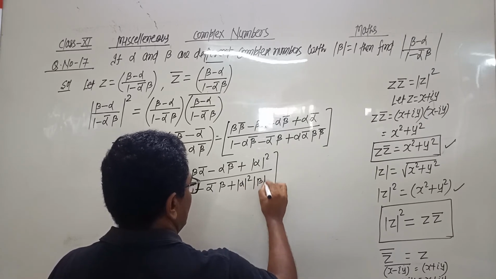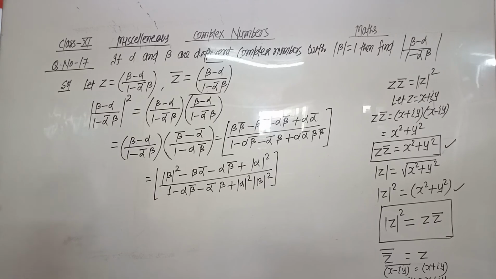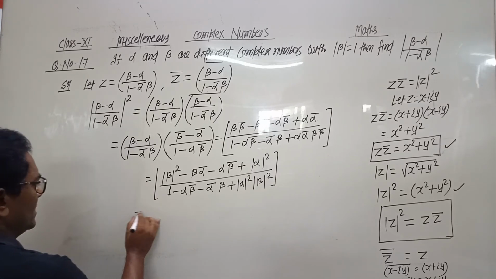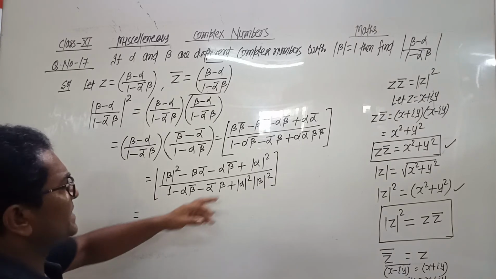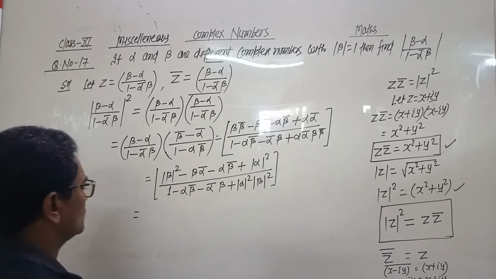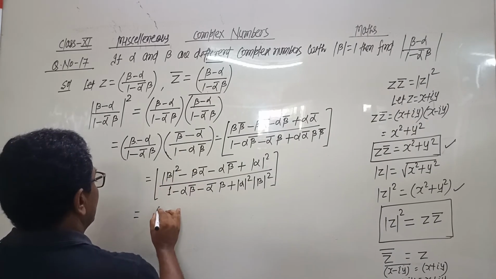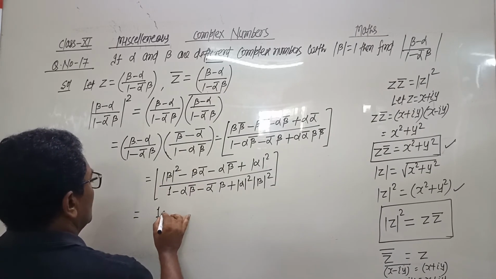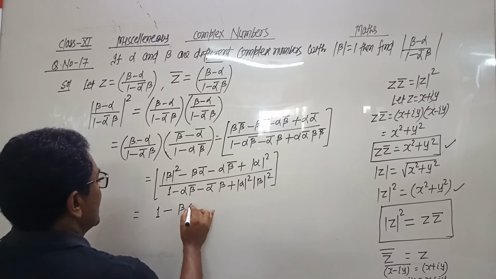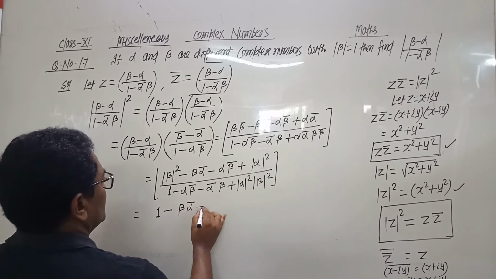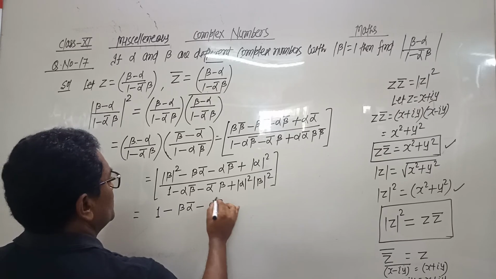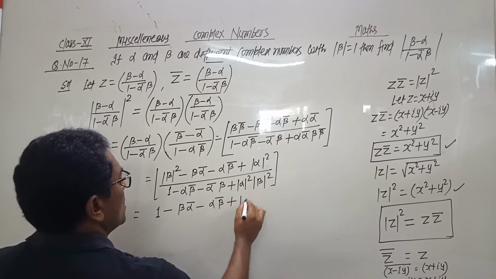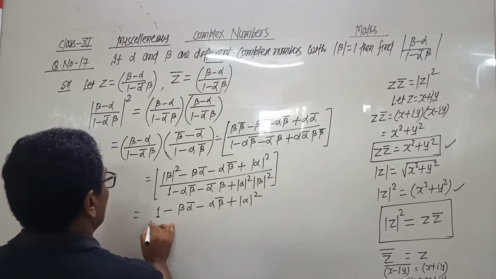Now we are given that mod of beta equals 1. So mod of beta square is also 1, minus beta into alpha bar minus alpha into beta bar plus mod of alpha the whole square.